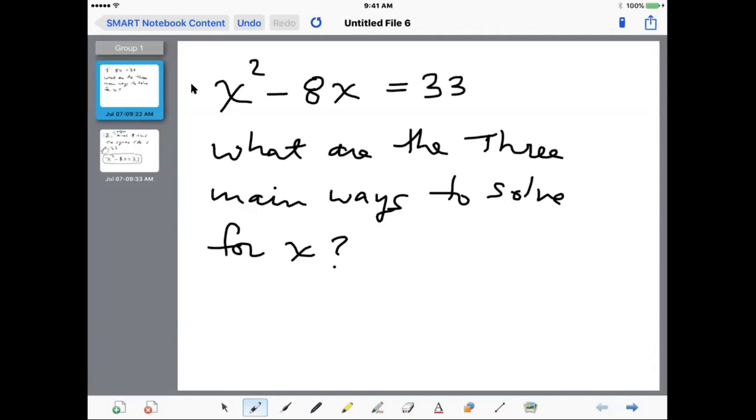Factoring and the quadratic formula would require you to subtract the 33 from both sides. What is another way of doing this that's in some ways more fundamental than the quadratic formula? I guess I could ask, where does the quadratic formula even come from?